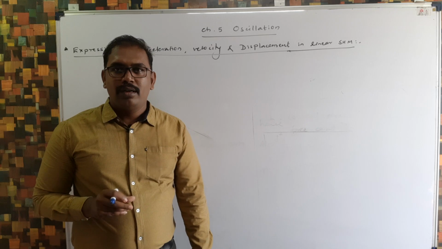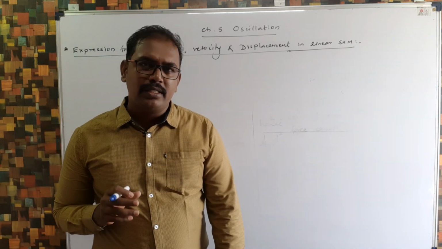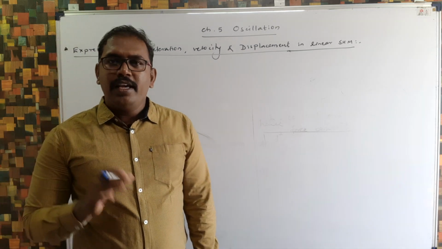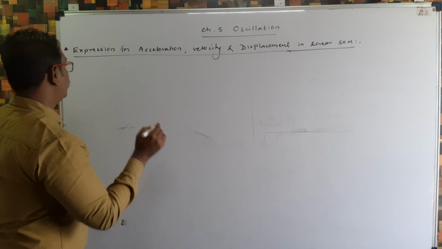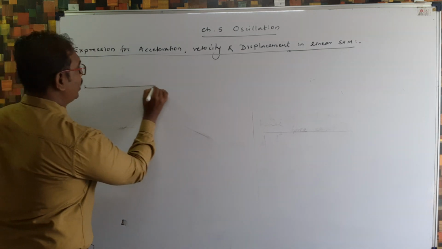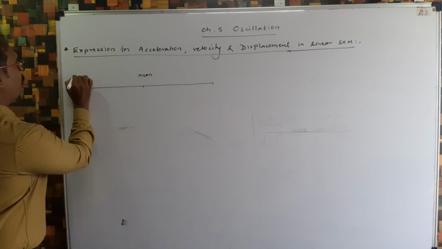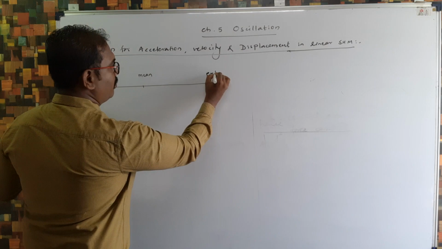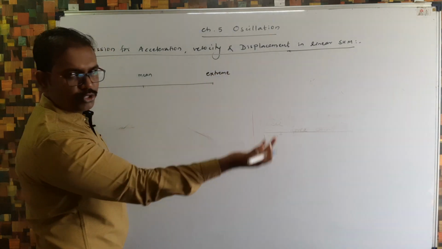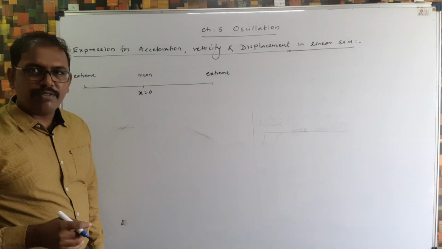Consider an object of a particular mass following linear simple harmonic motion with amplitude A. Let me show this linear SHM in a diagram. So this is the mean position and this is extreme position. So this is also extreme. Extreme means end position. Mean means the original one. Here displacement we are measuring from the mean position.